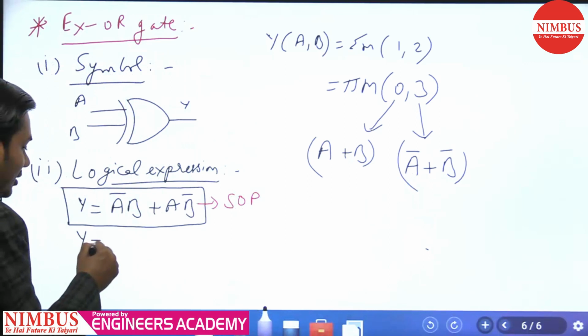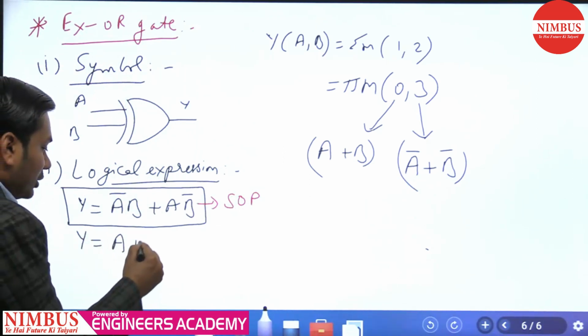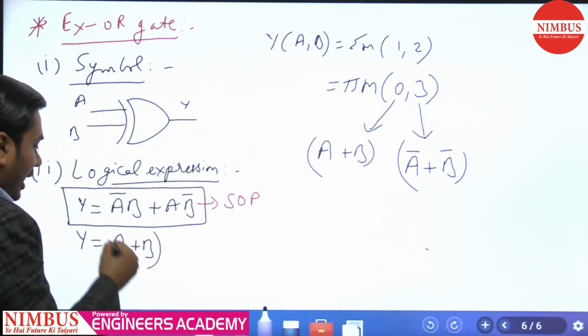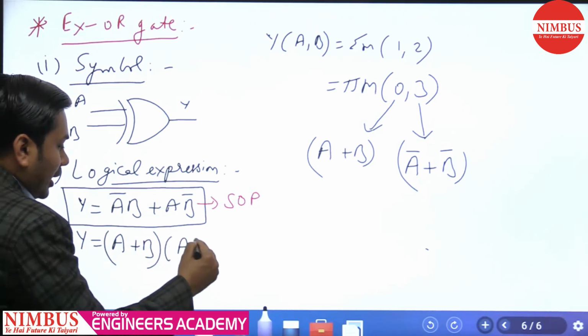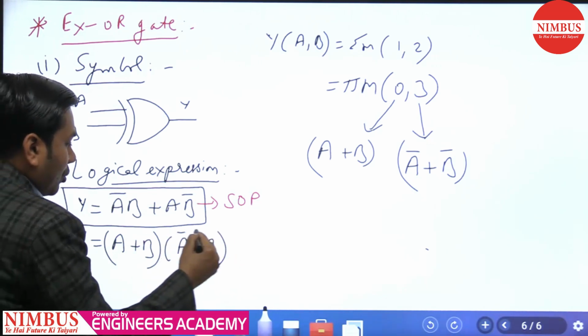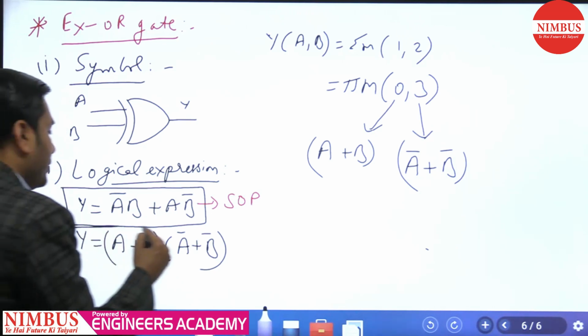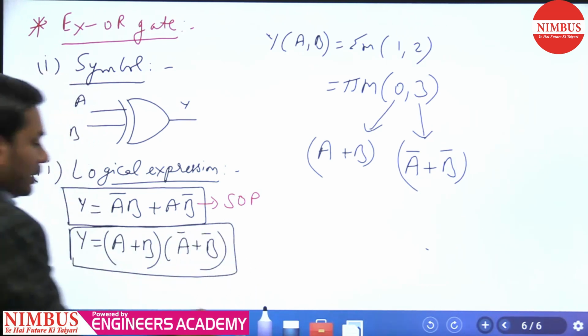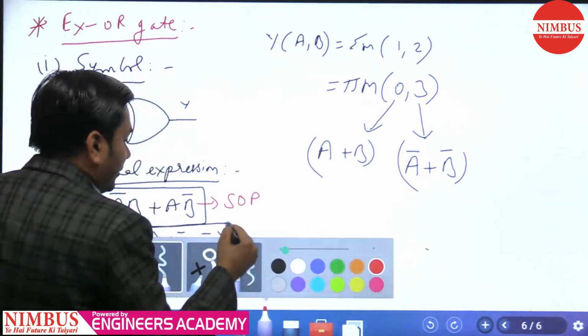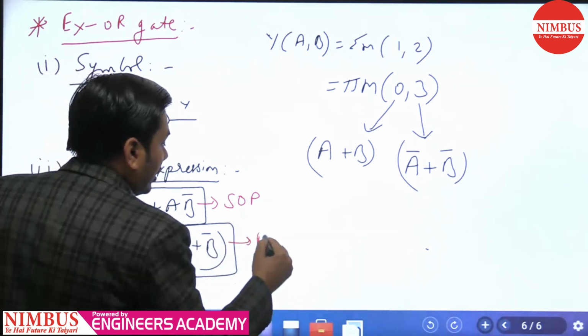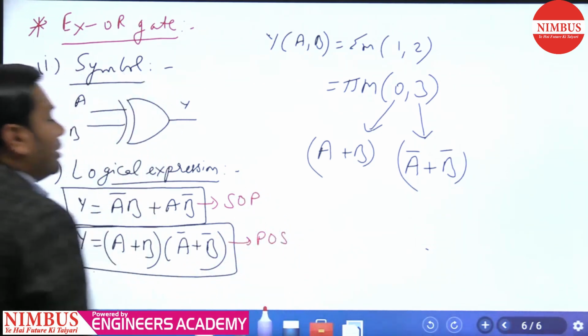So the important point is that for the XOR we have a POS expression, that is a plus b dot a bar plus b bar, and that is our POS expression.